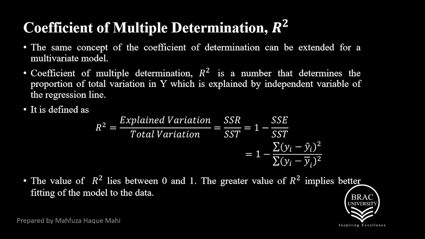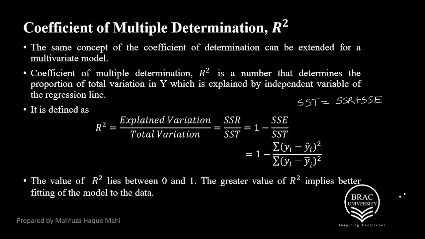We know the relationship of three measures of variation is SST equals SSR plus SSE. Now using this relationship, we get R square equal to 1 minus SSE by SST, where SSE equals the error sum of squares.